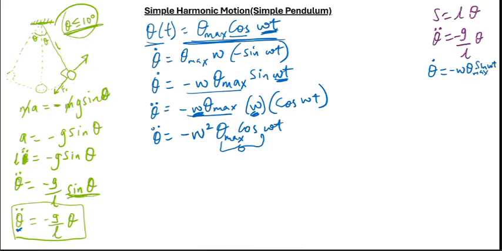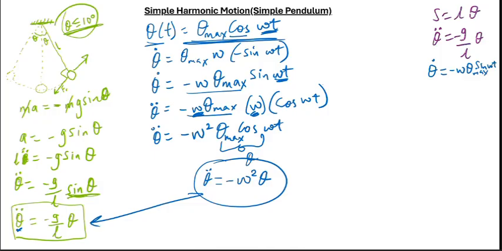Then we can represent this as our theta, and say our second derivative equals minus omega squared theta. And if you relate this to the earlier equation, because they look the same, we can see that omega squared is equal to g over l, and that implies that omega is equal to the square root of g over l.